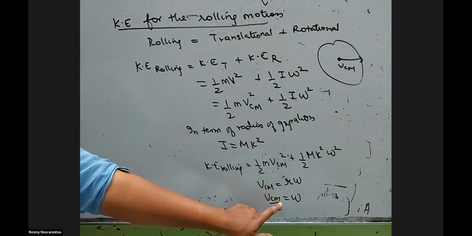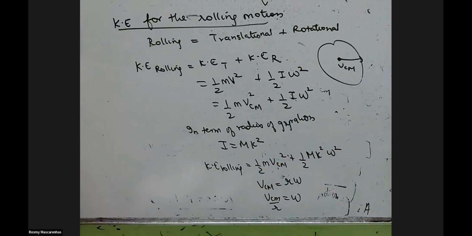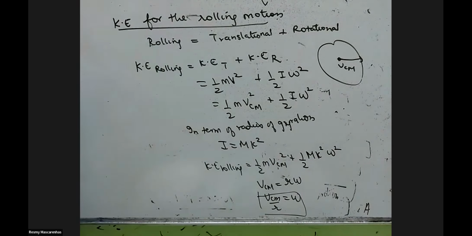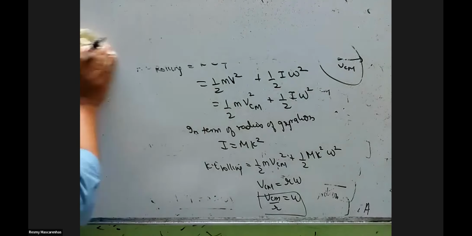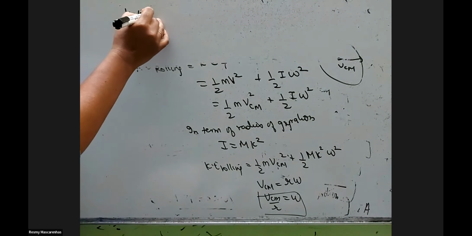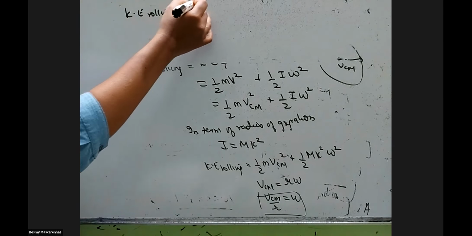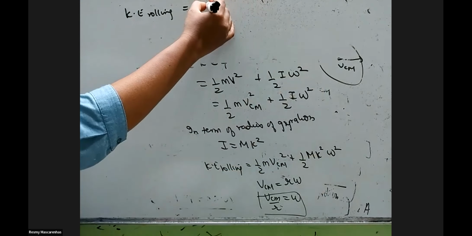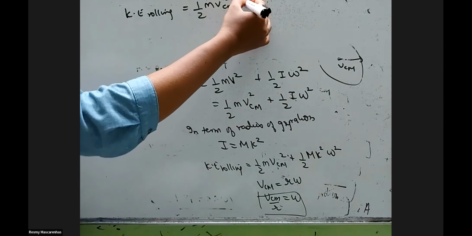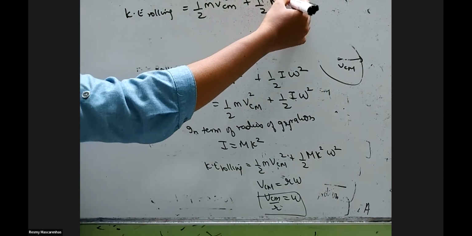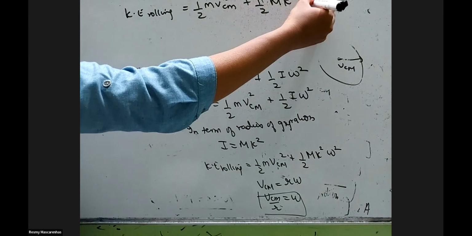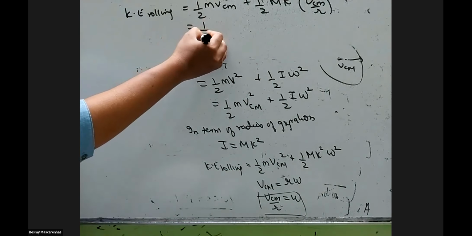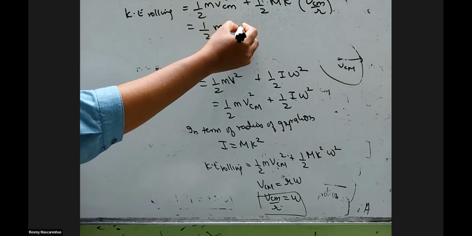So if I want, I can just substitute here. Suppose I want the linear one, the normal kinetic energy. So half, I just put the value of omega as this. So everything will come in terms of VCM only.